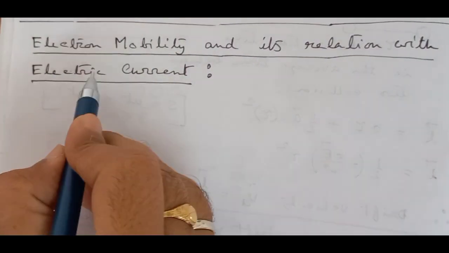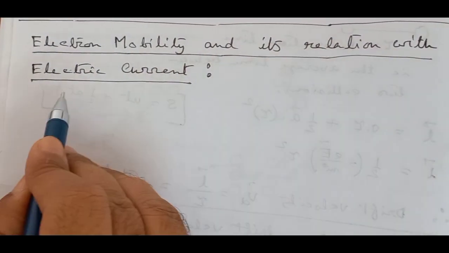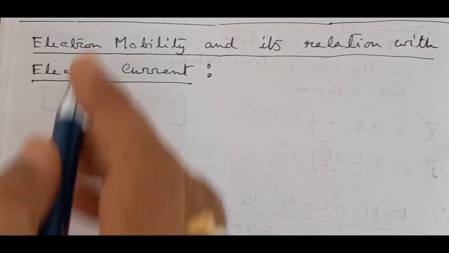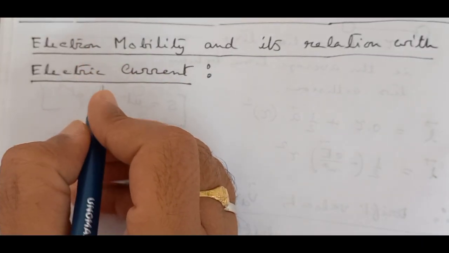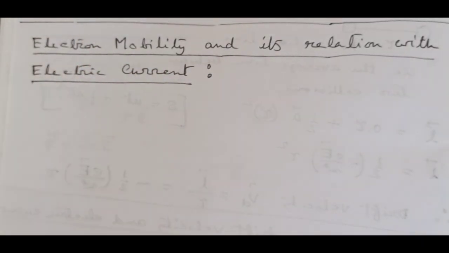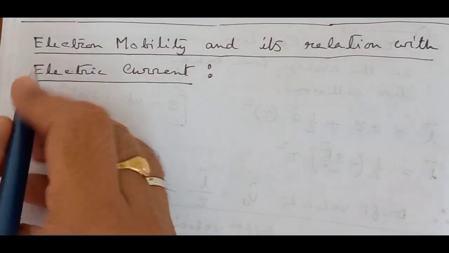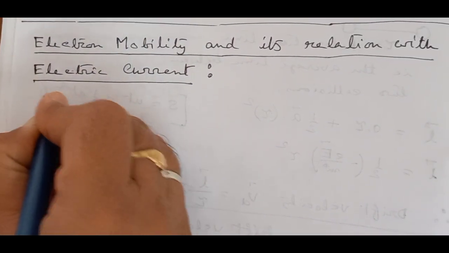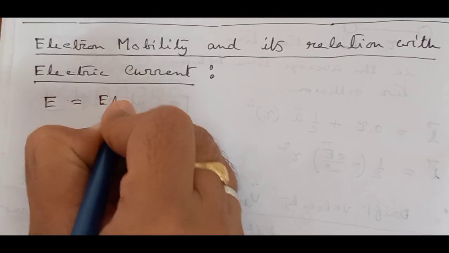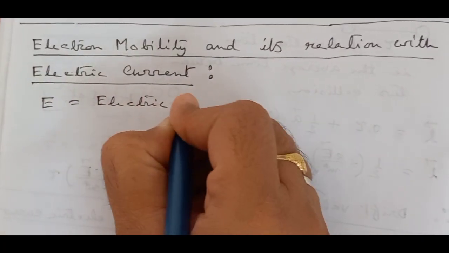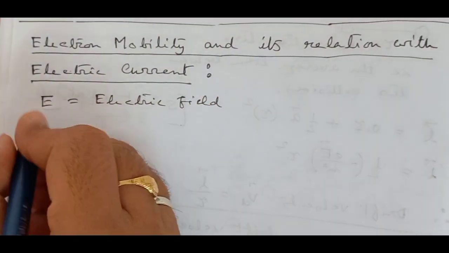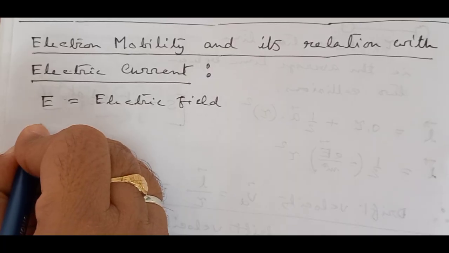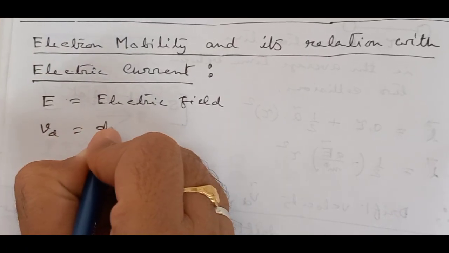Now, electron mobility and its relation with the electric current. For lower electric field, E, and Vd is the drift velocity.